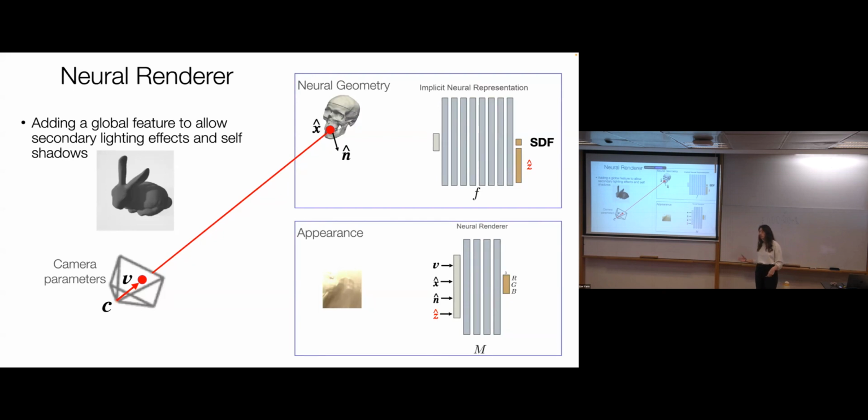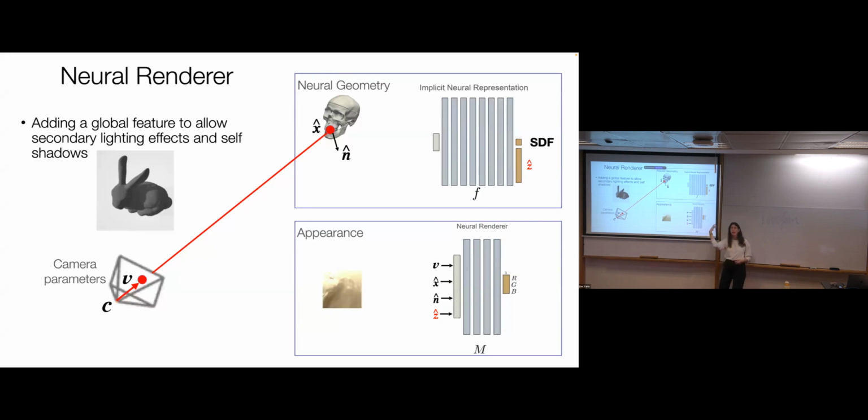But when you talk about global illumination, like secondary light effects, if you have self-reflectance or shadowing, this is not captured only by local geometry properties. We want to give the renderer an option to model secondary lighting effects, and we do so by adding another global feature, which is an input from the geometry.